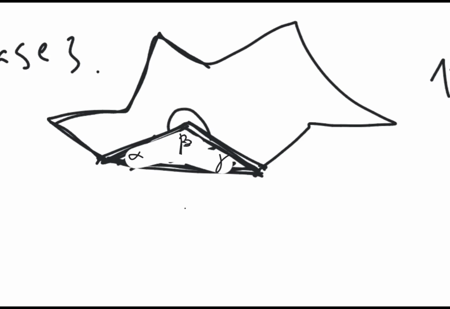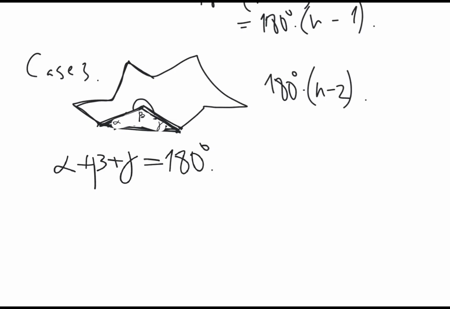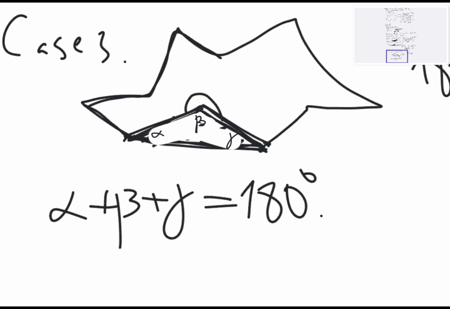We know that the sum of its angles, alpha plus beta plus gamma, is 180 degrees, as for any triangle.